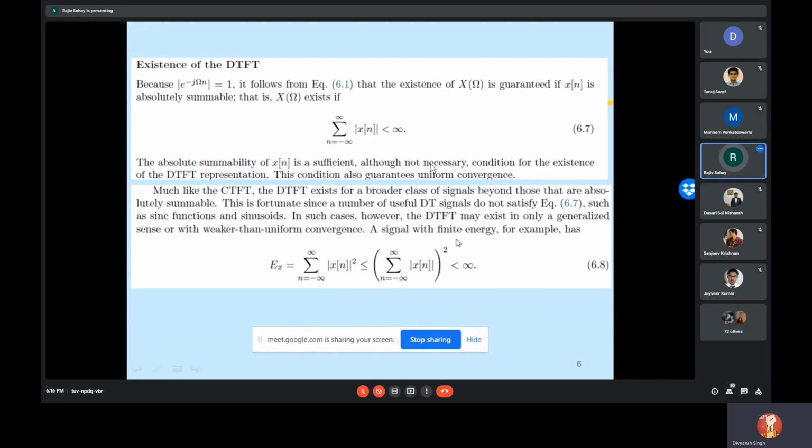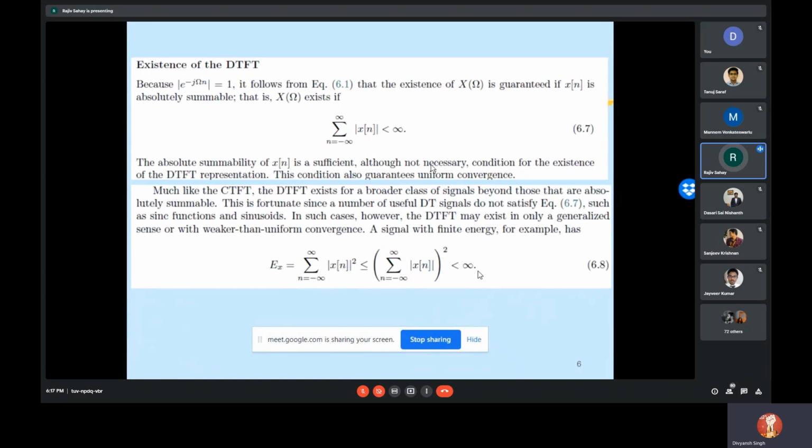So one idea is signals with finite energy. The signal with finite energy is characterized like this, which is less than or equal to this term, and which is less than infinity.